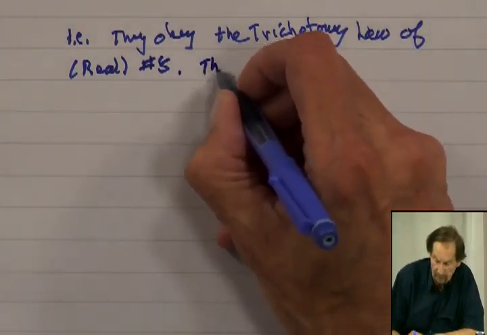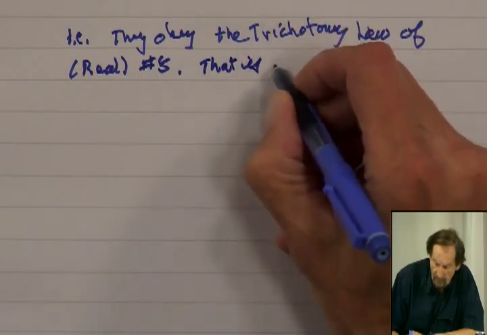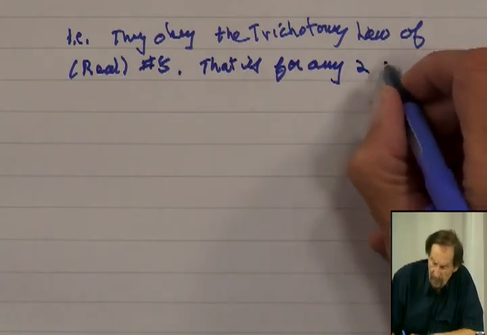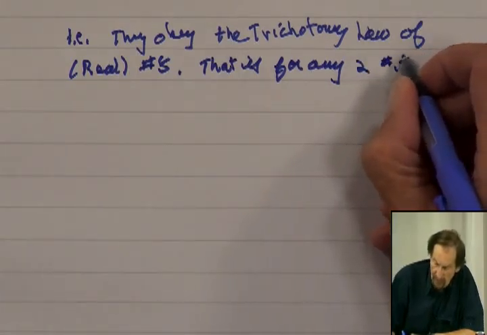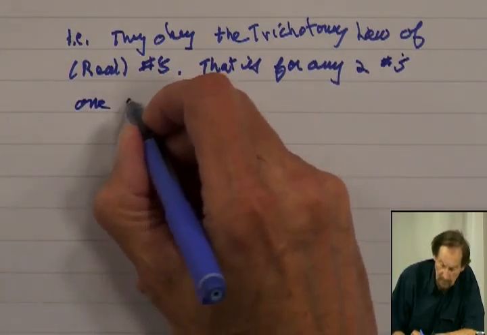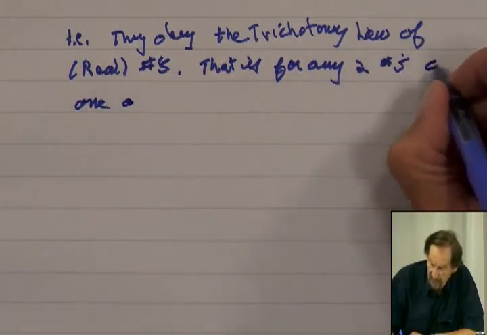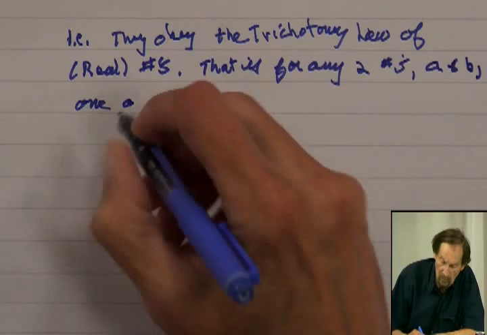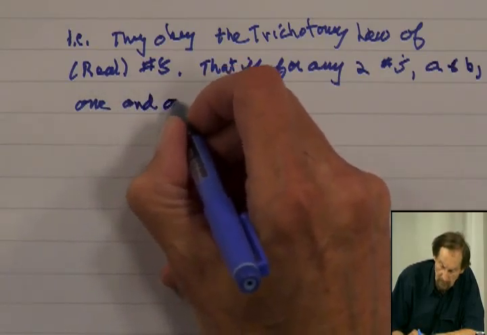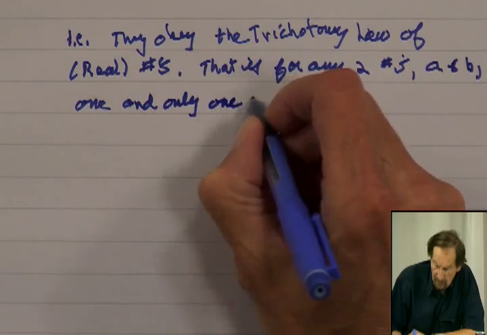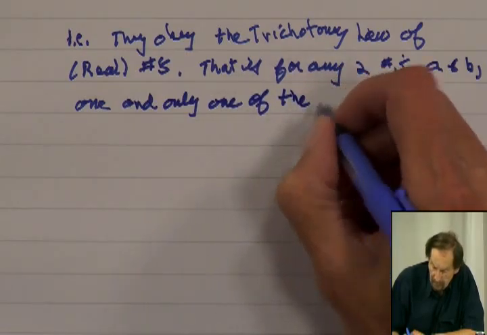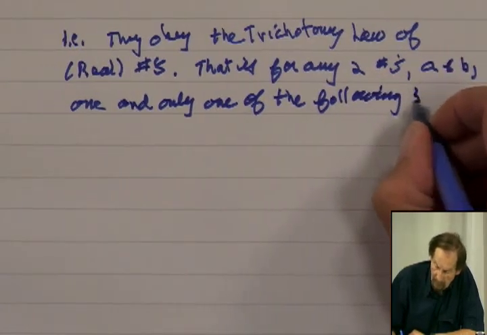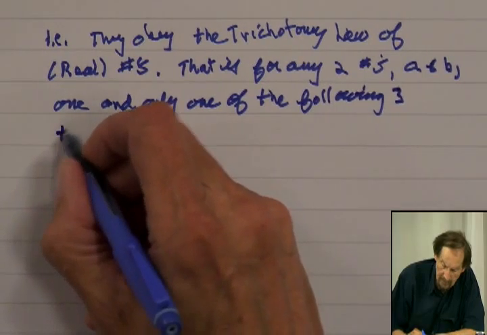That is, for any two numbers, let's call these numbers A and B, one and only one of the following three things can occur.